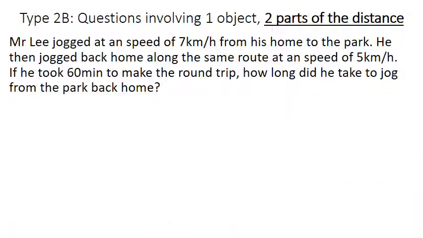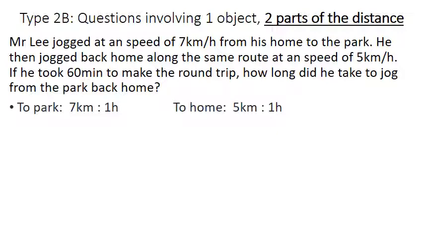Okay, there's another method, another way to think about this question is by ratio. Just take a look. Okay, so the first part of the journey, 7 kilometer per hour, meaning for every 7 kilometer in 1 hour.